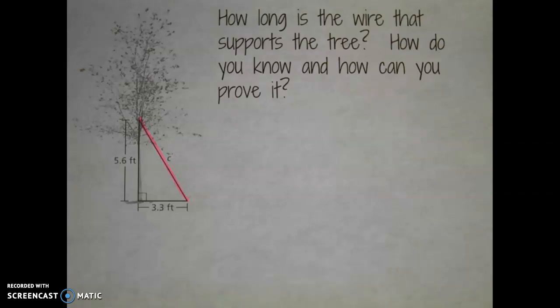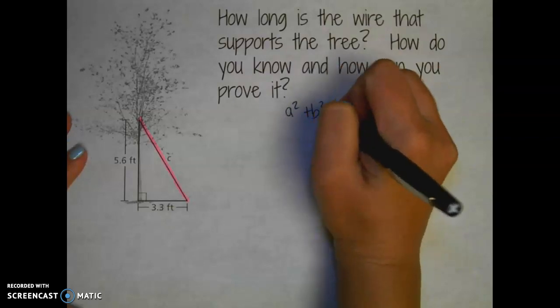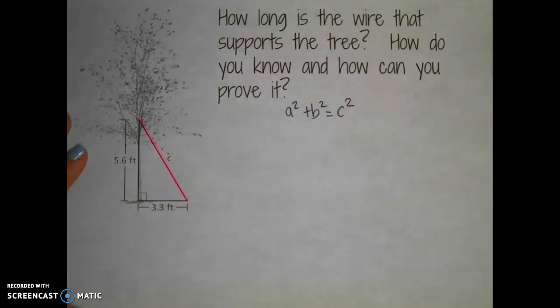How long it is. So I know that my formula for the Pythagorean theorem is a squared plus b squared equals c squared.